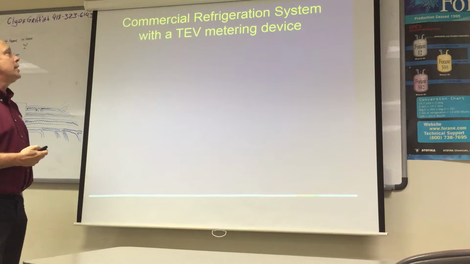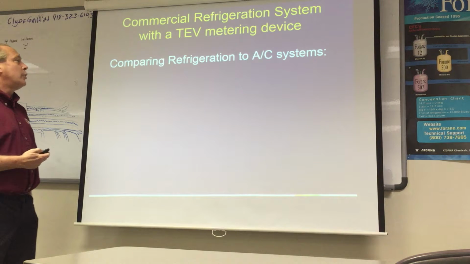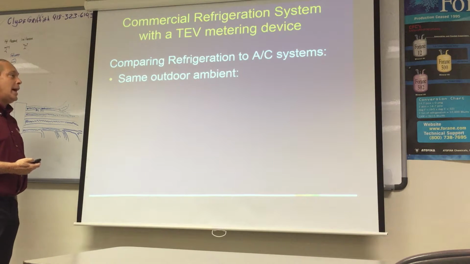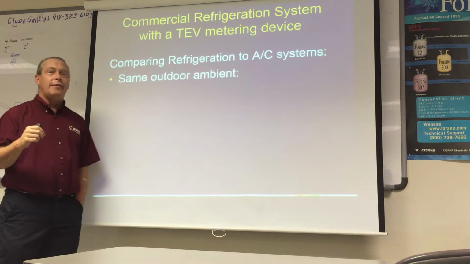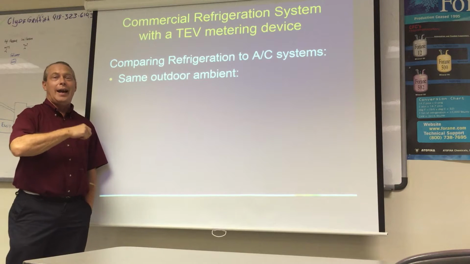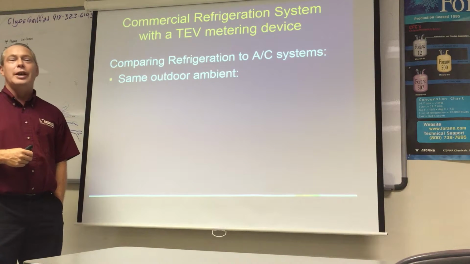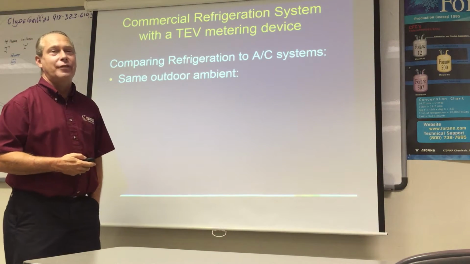Commercial refrigeration systems with the TEV metering device. Comparing refrigeration to AC systems. Same output ambient. That ambient is going to have a great amount of effect on that system. And we're going to talk about compression ratios and other things like that, and you'll see how that makes a difference.